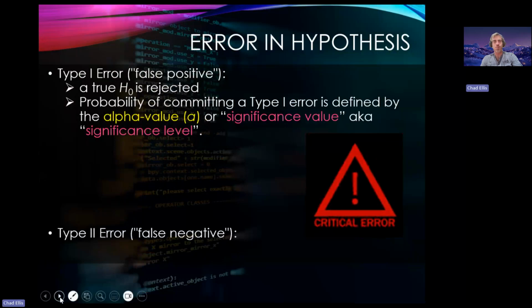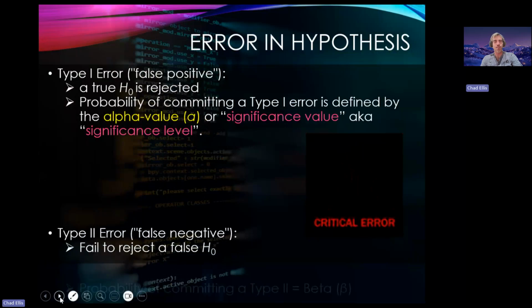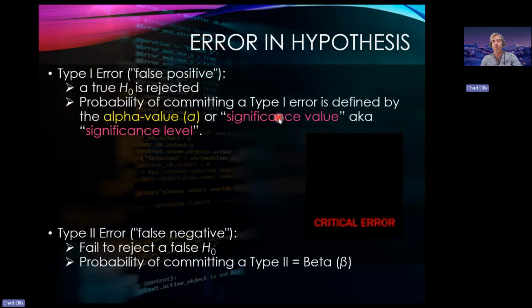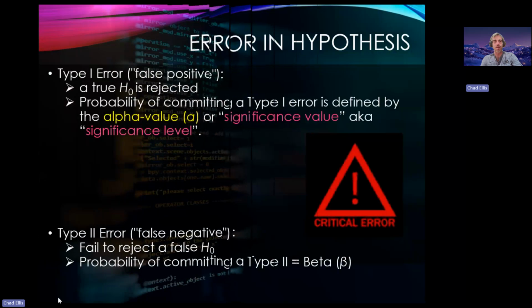In terms of our type 2 or false negative error, that's when we fail to reject the false null hypothesis. And the probability of committing a type 2 error is set by not the alpha value, but the beta value. We're going to be talking mostly about alpha values and significance levels, but just keep in mind that the beta value is the probability that we would commit a false negative outcome for our stat test.